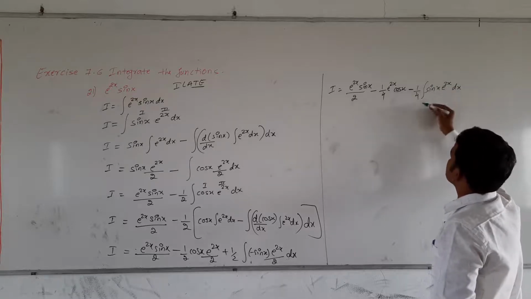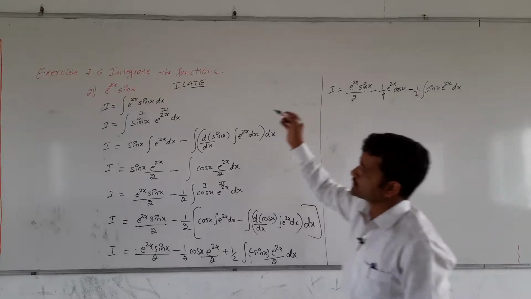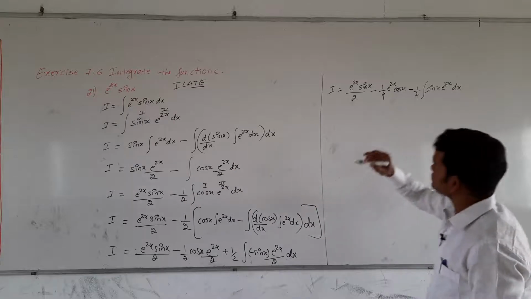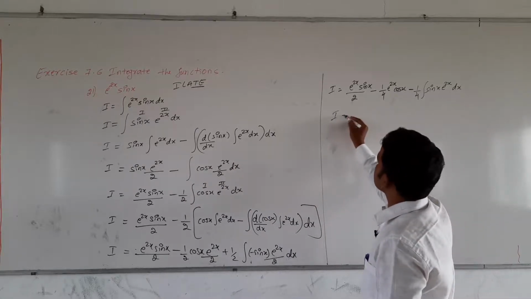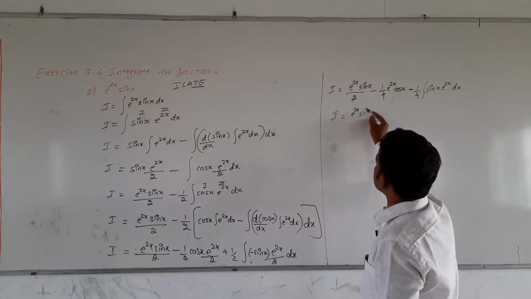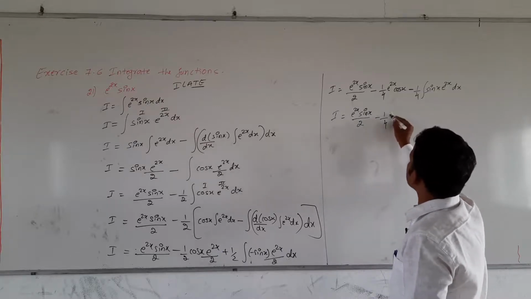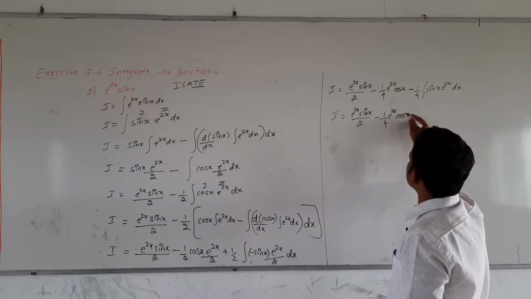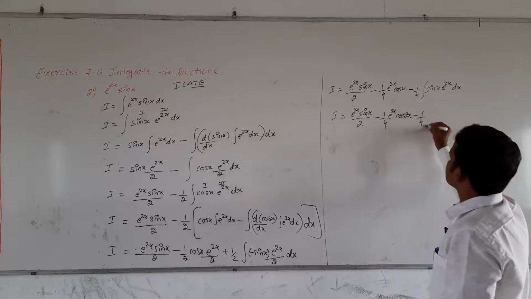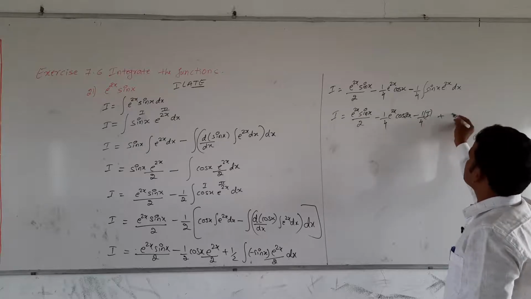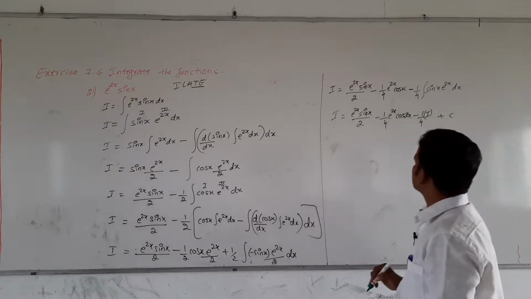You see, the integration of sin x into e raised to 2x is nothing but I. We will replace it with I. So I is equal to e raised to 2x into sin x by 2 minus 1 by 4 times e raised to 2x into cos x, minus 1 by 4 into I, and the integration is completed. We need to write plus c.